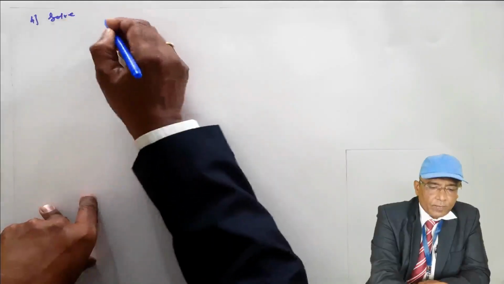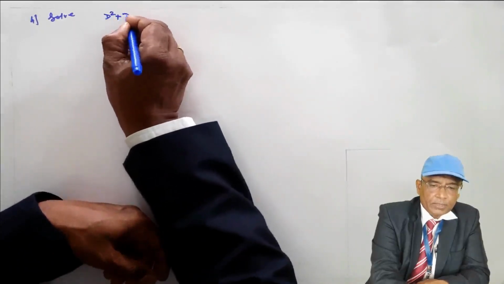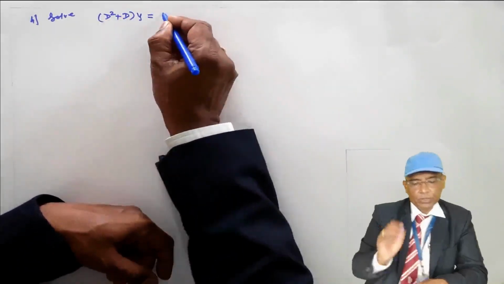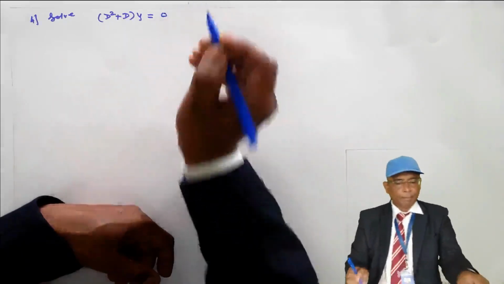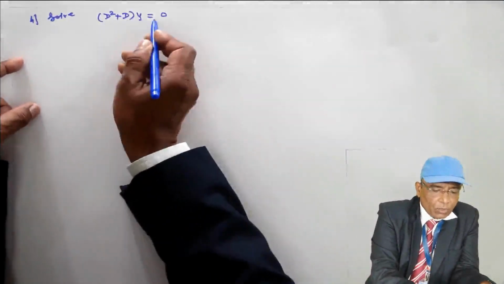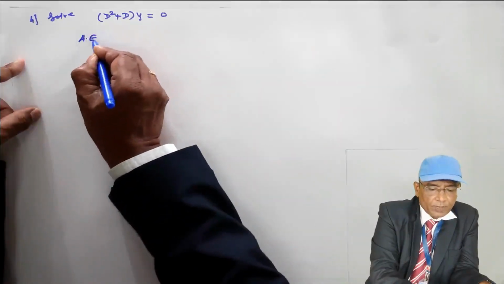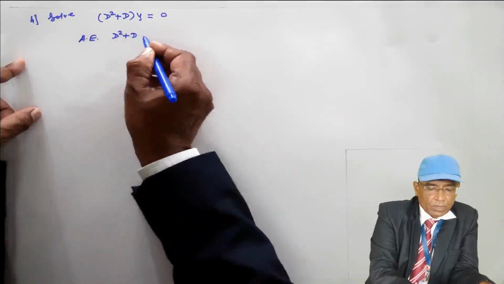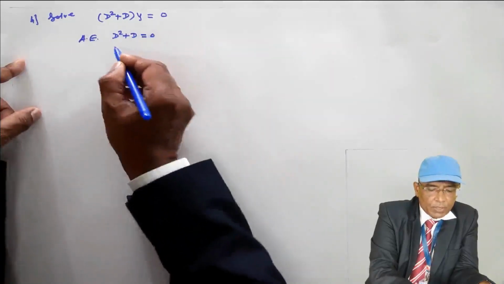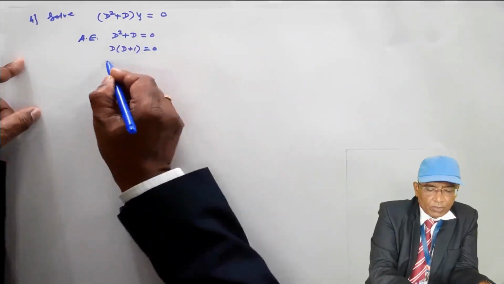D square plus D, y is equal to 0. Now, this equation is already given in terms of D. The auxiliary equation is D square plus D is equal to 0. D is common, D times D plus 1. Then here D is 0, D is minus 1.